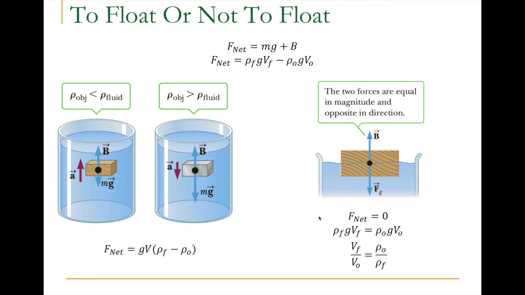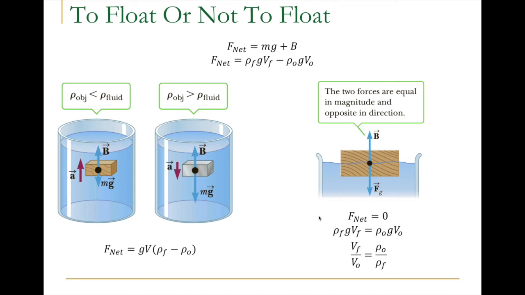On the other hand, if the density of the object is greater than the density of the fluid, our net force will actually be a negative net force, which means that in this case, the weight of the object is overcoming the buoyant force pointing up, and the acceleration of the object will be down, and so it sinks. So knowing something about the fluid and the density of the object should tell us whether an object is going to float or sink.